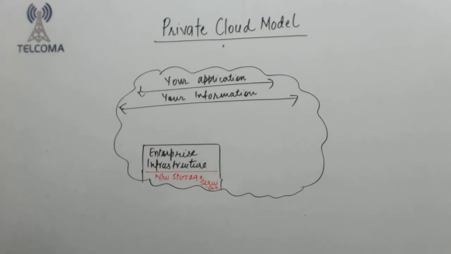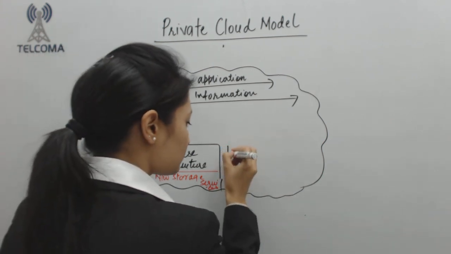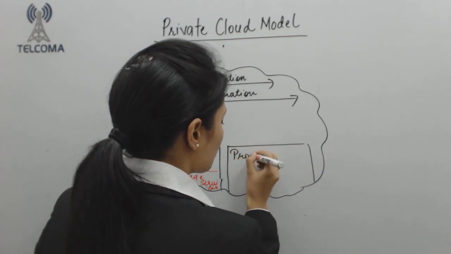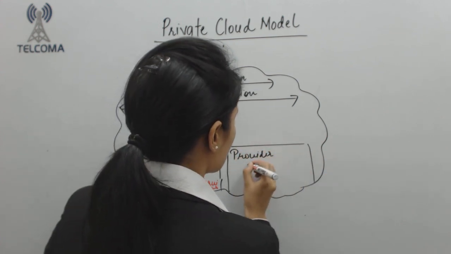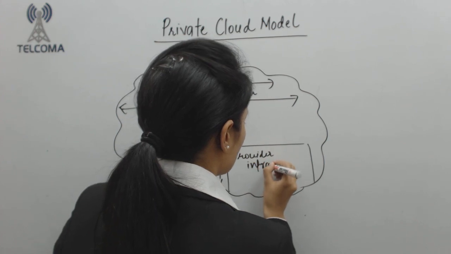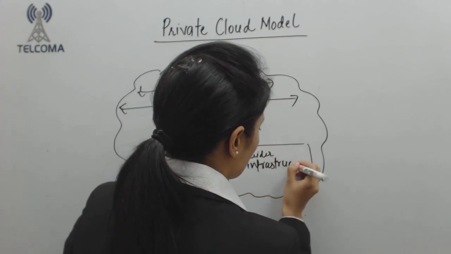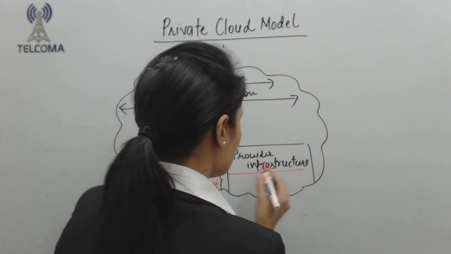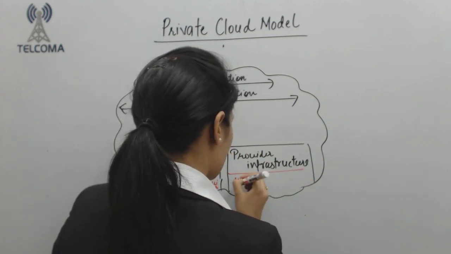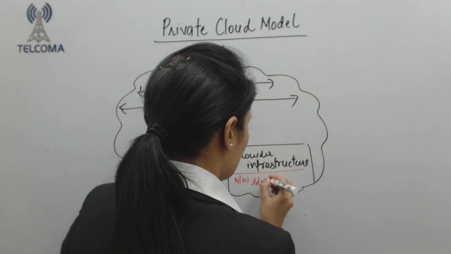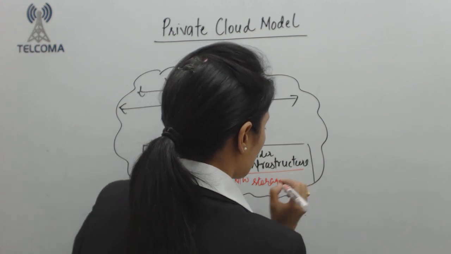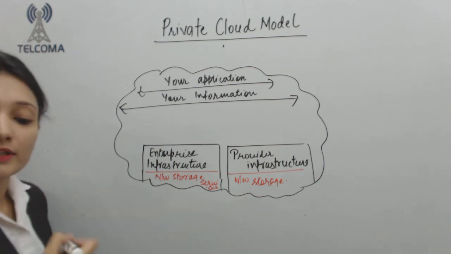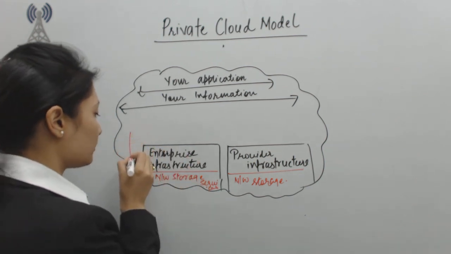Then you can have the provider infrastructure, which is providing the services to the enterprise, the provider infrastructure and the respective storage services. After that, you have the cloud inter-network.